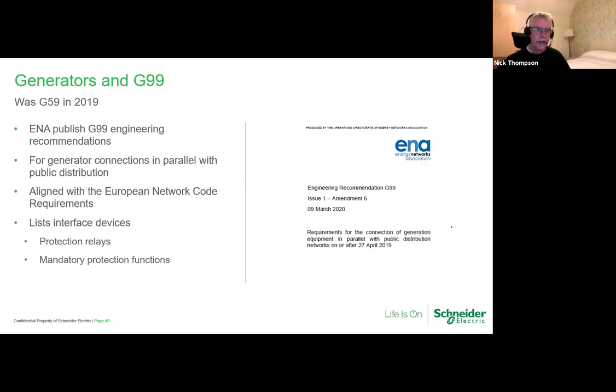Now, when you are connecting a generator onto the network with the potential to export power, then the DNO will have very strict requirements for the connection, and they will more than likely refer back to the G99, and there is all sorts of commissioning documentation inside the G99 to prove that it will all work, and it does have mandatory protection requirements. The G59, as it used to be, had things like rate of change of frequency, rate of rise, etc. And they've actually tightened up some of the technical requirements.